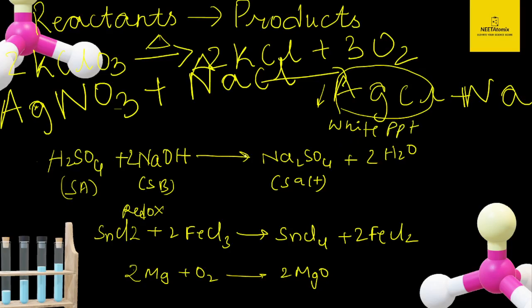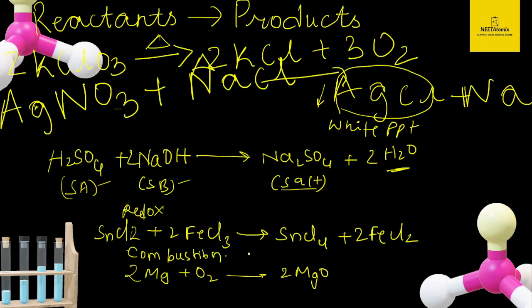All neutralization reactions are irreversible reactions. So what is a neutralization reaction? A reaction between a strong acid and a strong base to give salt and water is called a neutralization reaction. All thermal decomposition reactions, combustion reactions and redox reactions are also irreversible reactions.